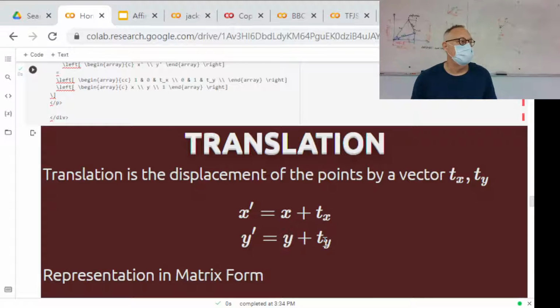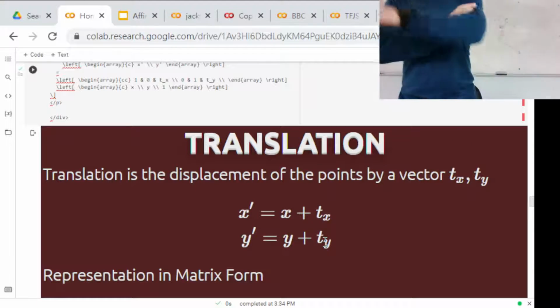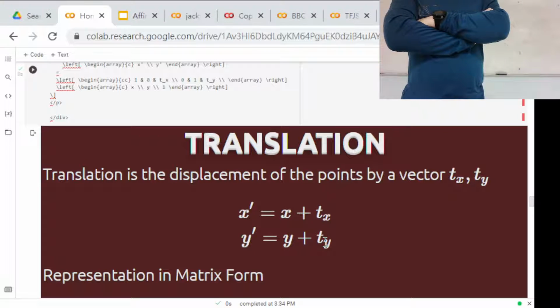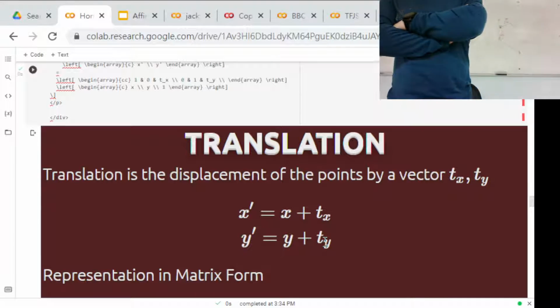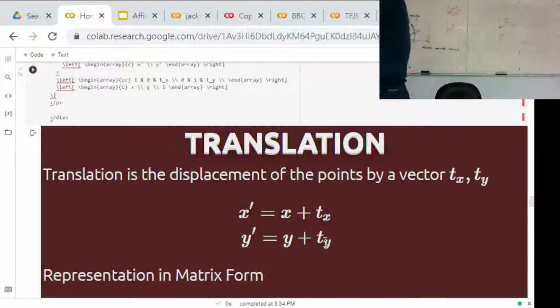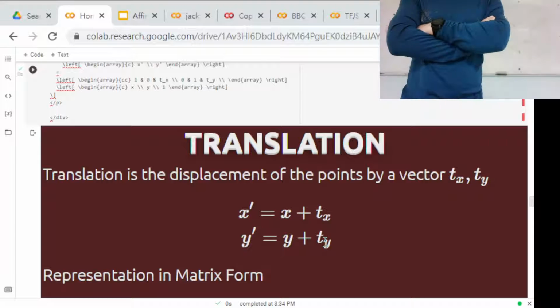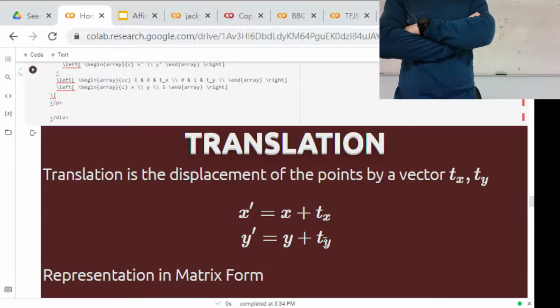They do not depend on x and y. So if I want to multiply that by a matrix, then I would have to change the value of the matrix for each point that I have, right? Because I'd have to scale it by tx and ty, something like that. So so far we cannot really have a constant.